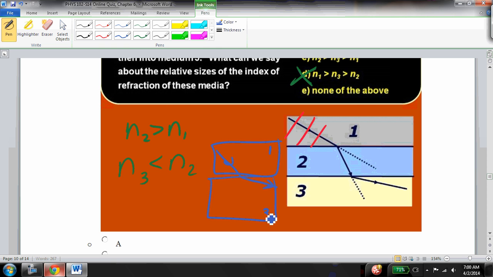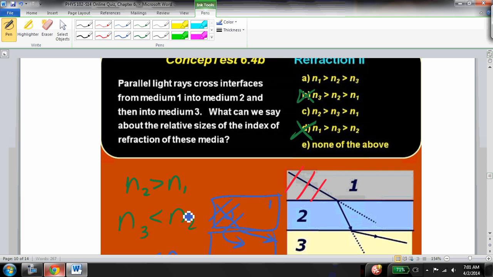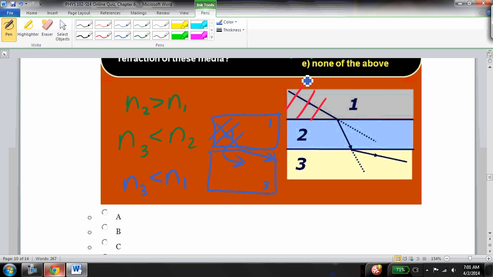So my light rays travel in this direction, and then they speed up when they enter N3. That tells me that N3 is less than N1, because light is traveling faster in N3. So N3 is less than N1. That gets rid of C. So A must be the right answer, and it carries all three of these inequalities.